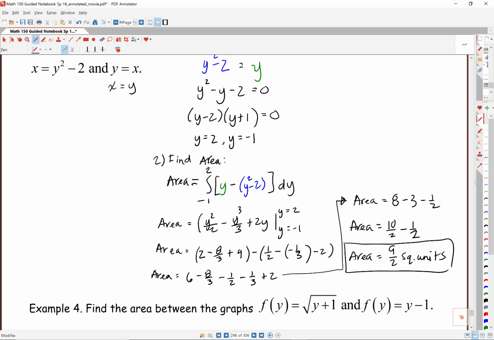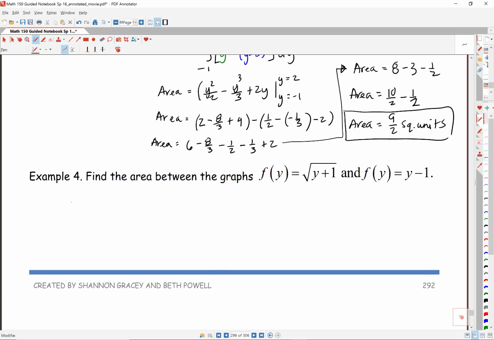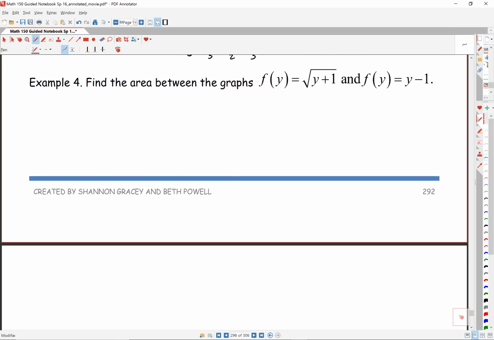Last problem. We're going to find the area between these graphs. Again, we have f of y. So let's check it out. Let's just do them as functions of y. Here we go. We weren't given any limits, so find limits of integration.